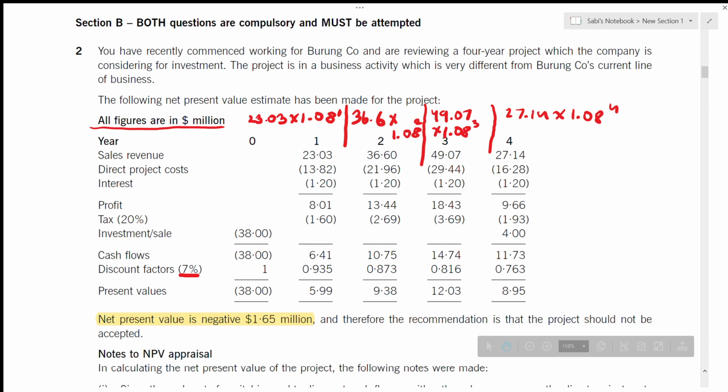Interest will not go into the answer. You're not taking interest when you calculate net present value. Why is that? Can anyone tell me why we don't take interest when we calculate net present value?